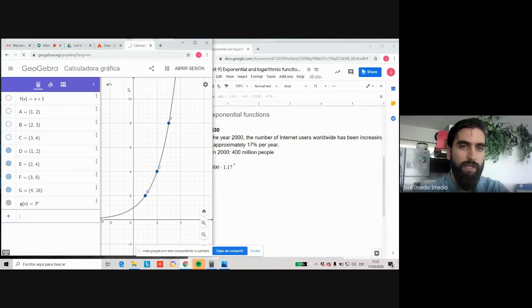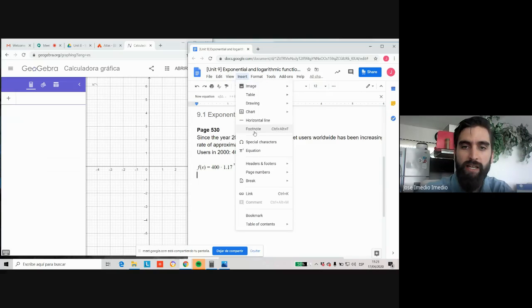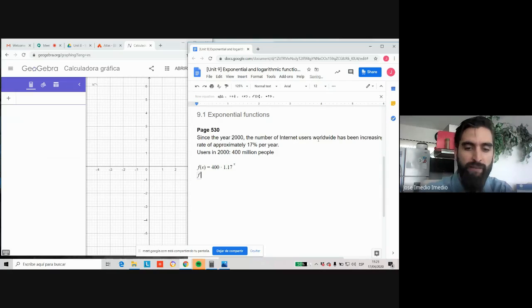Let's clear this. I'm going to draw it the way I would do it in class. The way I would do it in class is I would give some values, and I would use f of 0, for example. In this case, this is going to be 1, so this is going to be 400.